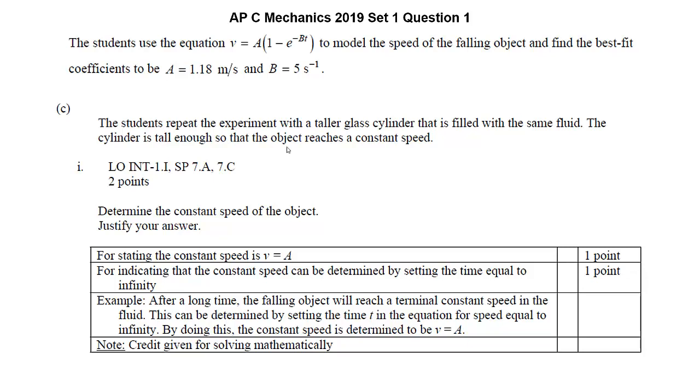So first they wanted you to find the constant speed of the object. Okay, so look at the function for the speed as a function of time. One thing you've got to realize here is that this negative bt means that this is really like 1 over e to the positive bt. It's an inverse thing, so it's 1 over that. So when will this speed become a constant?